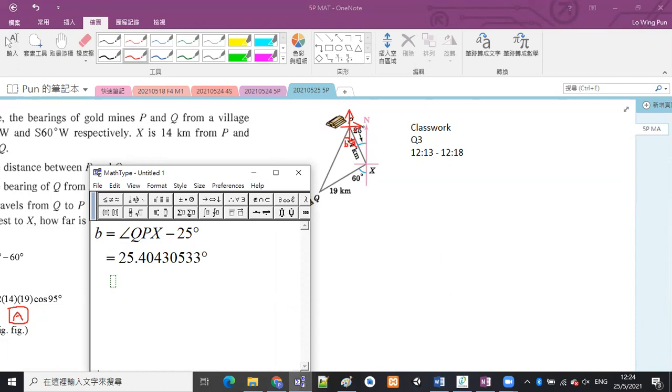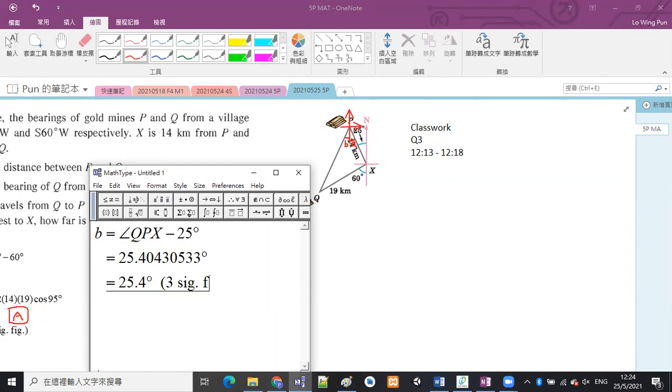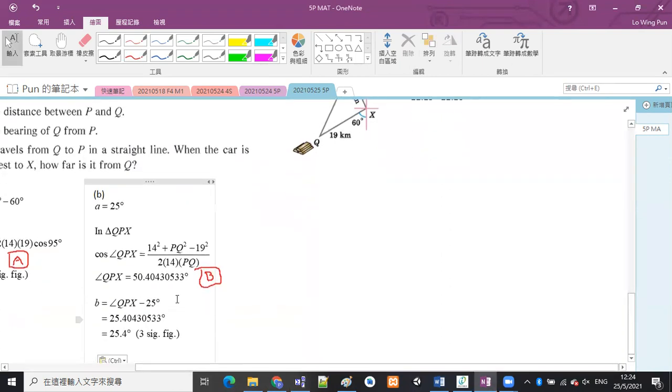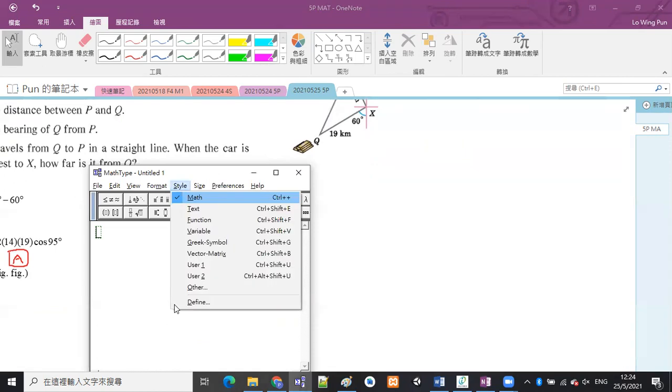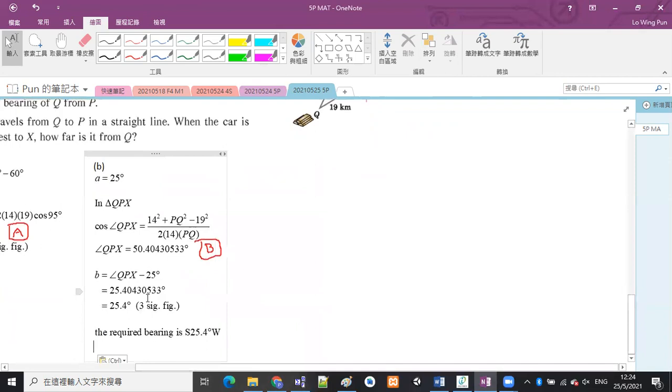And the B will be the answer. Therefore, I need to correct this to 3 SF. Okay? Therefore, the required bearing is south 25.4 degrees west. So that is the answer of part B.